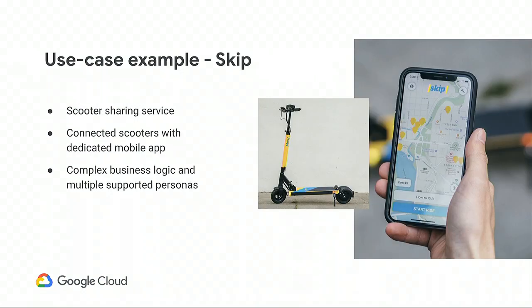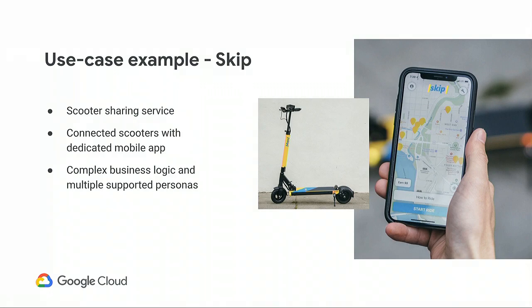I wanted to show you a real-world example, and it's very relevant here in San Francisco. So you might have seen these scooters out on the streets. These are connected scooters, so they are connected to the internet. And there is an app you need to use if you want to ride the scooter. And there is a very complex business logic behind this service.